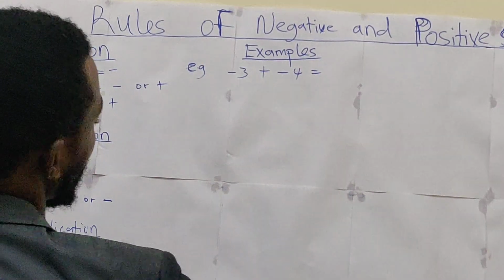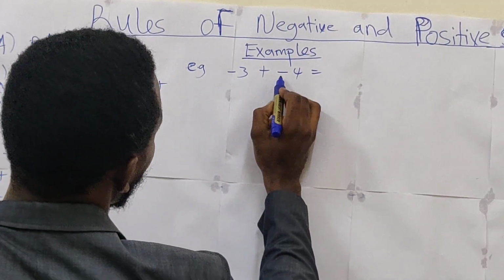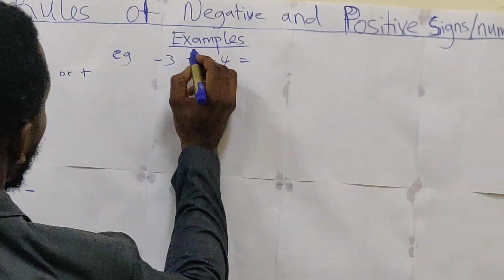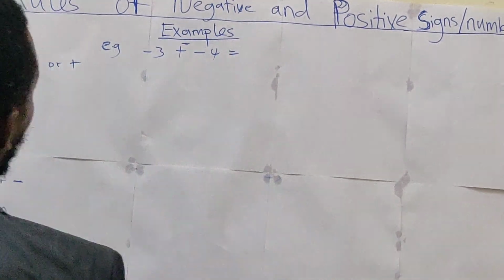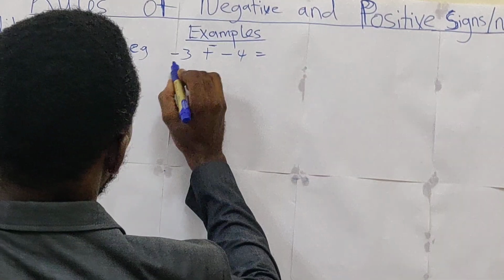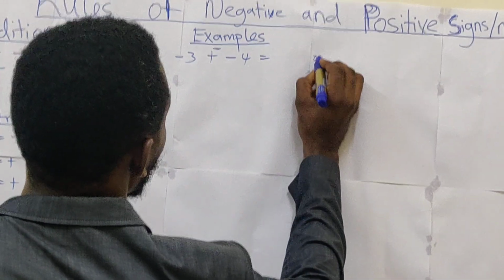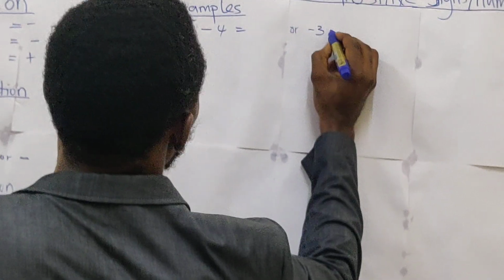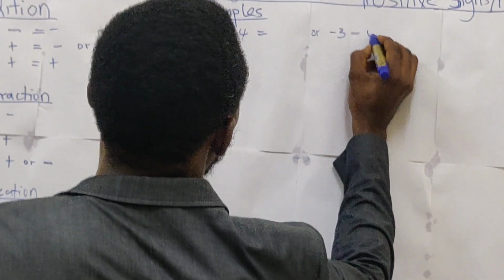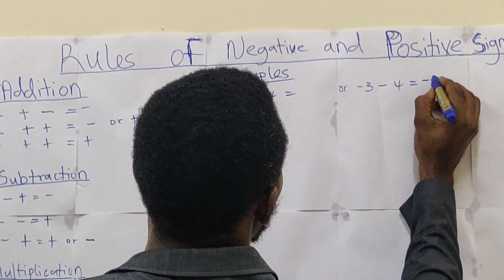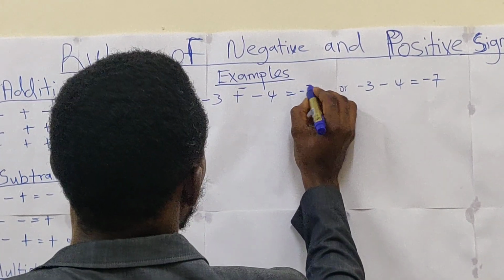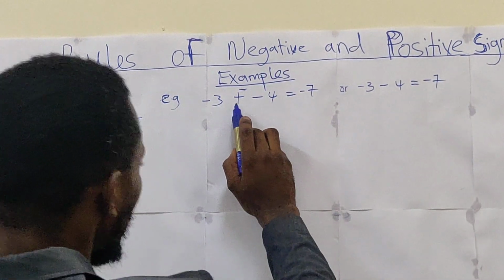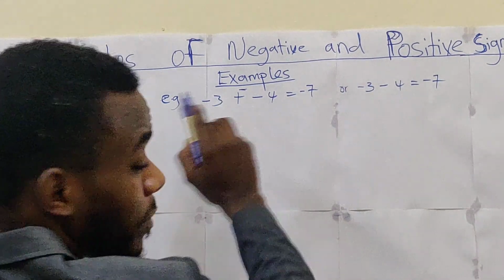Now, in this case, when you have positive and negative, this simply means negative. So this is the same as negative 3 negative 4, which is equals to negative 7. So you should take note, when you meet positive and negative, it simply means negative.